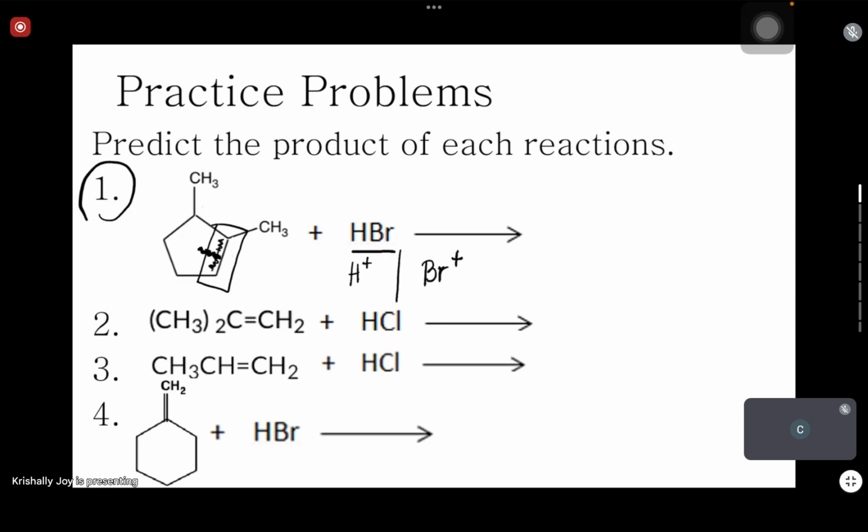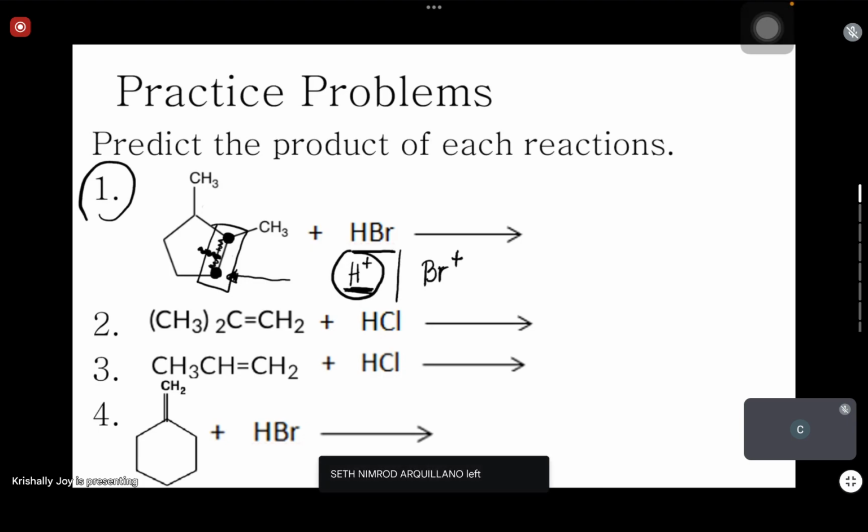So that is already removed in the system. So itong carbon na to and this carbon, you try to compare sino dyan ang lesser, more hydrogen. Kasi kung nga carbon more hydrogen, doon mapupunta yung electrophile na hydrogen. Okay? So between the two, actually, yung pinaka more or greater hydrogen is this carbon. Okay? Yung carbon na yan.